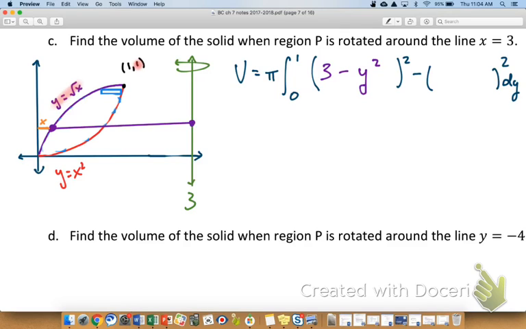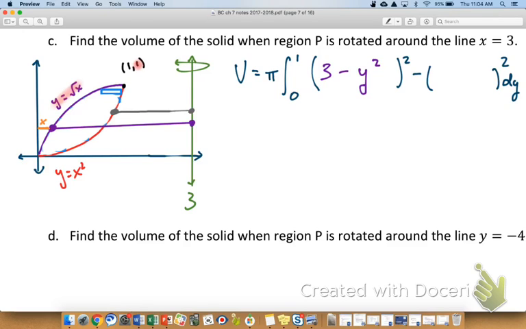Okay, and then of course the smaller radius is from right here, this gray line. That's the smaller radius, the distance from the axis of rotation to the inner surface of this solid.